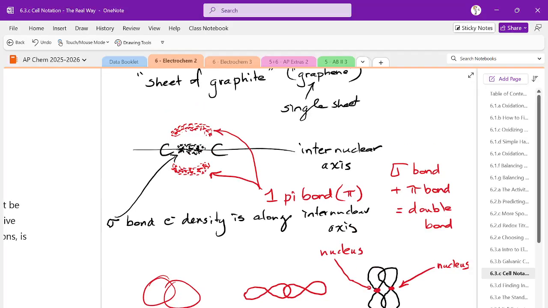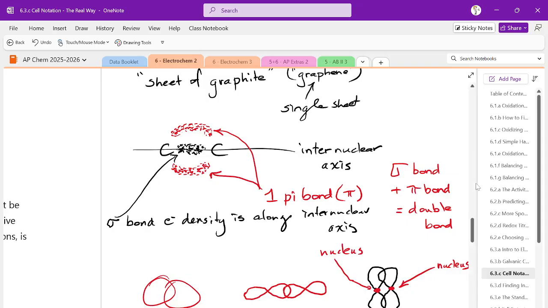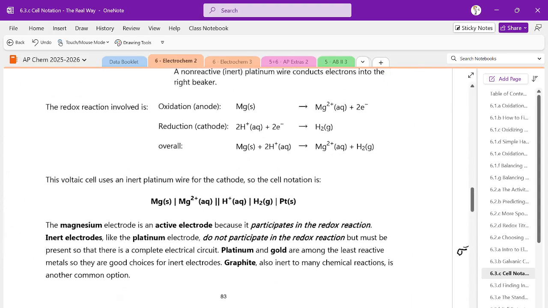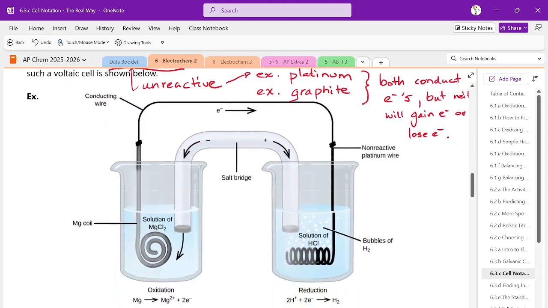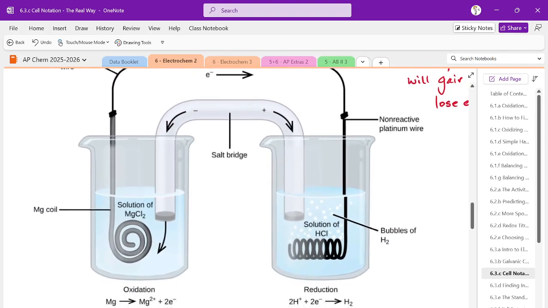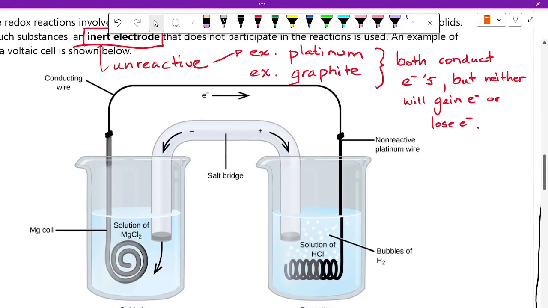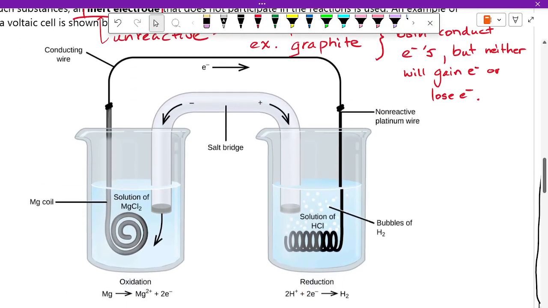On Teams, yes. So if we have a beaker with something like this, it's actually worthwhile seeing this, even if you're not doing cell notation, because you might look at this and be like, oh my gosh, what on earth is happening here?